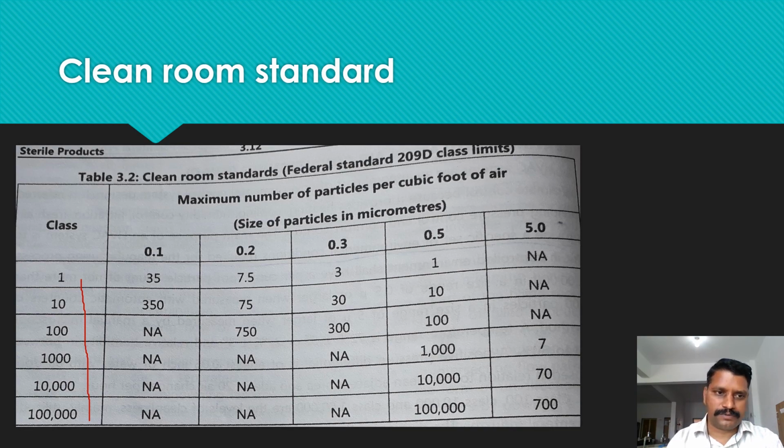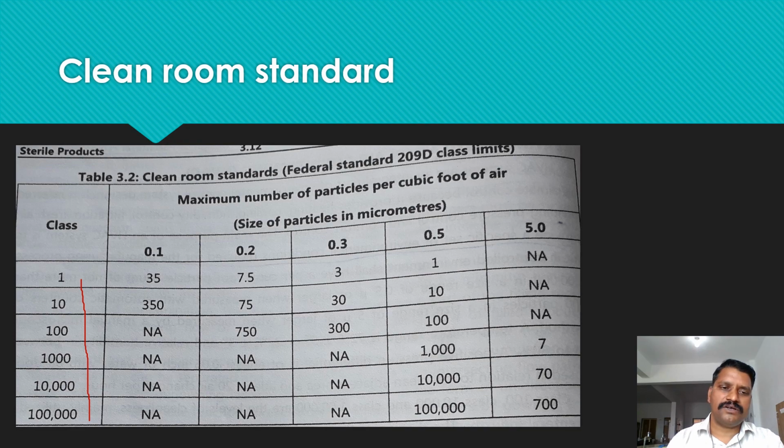So class 1 means what? Maximum particles 35 of 0.1 micrometer size, 0.2 is 7.5, 0.3 is 3, 0.5 is 1, and 5 is not applicable for the class 1 area.